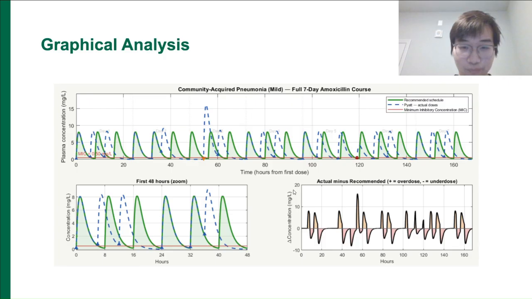By the way, in mild pneumonia, your prescribed dose would be 500 milligrams 3 times per day for 7 days. And so you can see how those peaks stack up really nicely, as opposed to the actual doses that I logged in for the input.